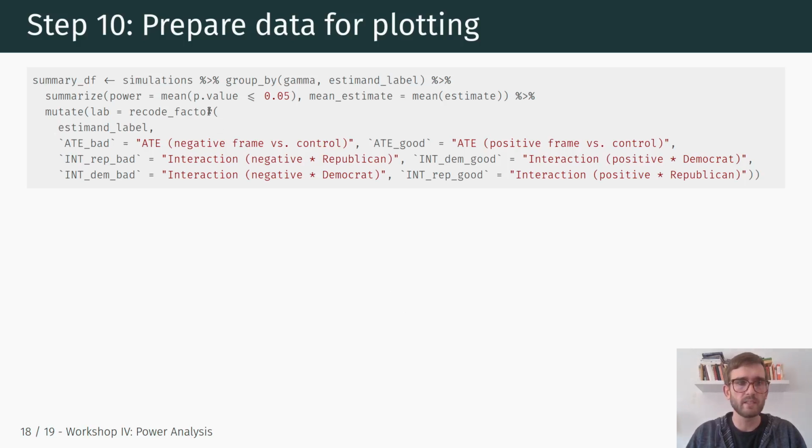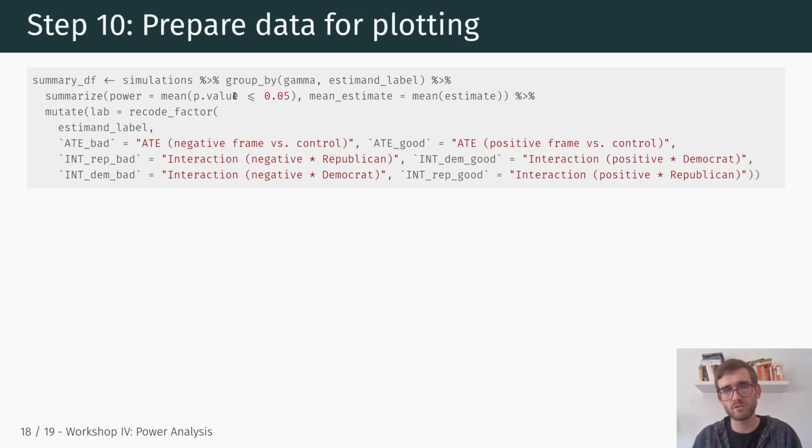So we're basically just checking whether this is smaller or equal to 0.05, and then computing the average, which means basically the proportion of times we're rejecting the null hypothesis for that specific parameter, right? So ultimately that will be equal to the power that we want to compute.